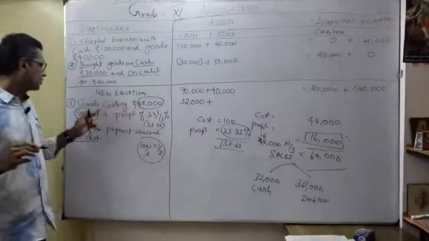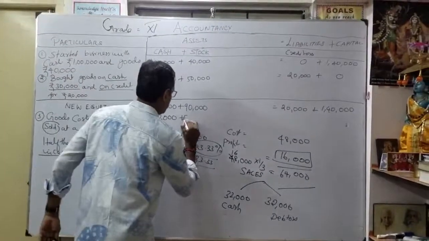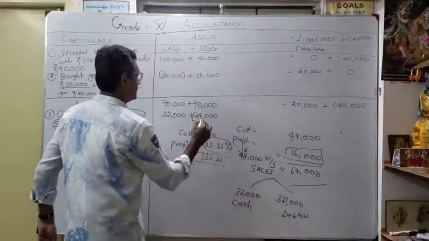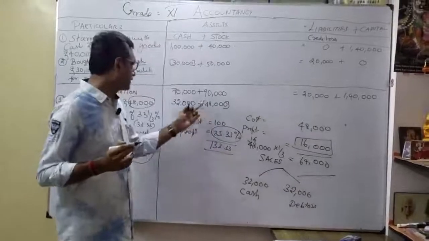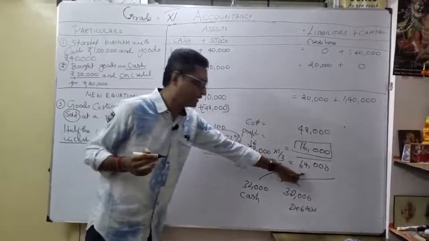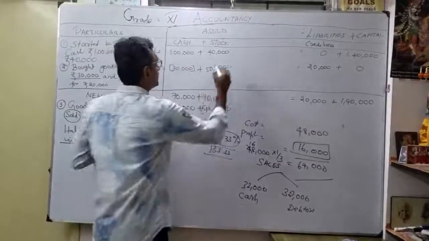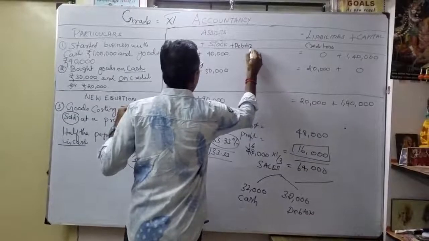Goods costing sold out, so my goods have gone out. How much? 48,000. Here I put the bracket 48,000. Thereafter, what will happen? My debtors are still pending. I have not received the entire money of the 64,000, only part was received. So the balance 32,000 I show as debtors.